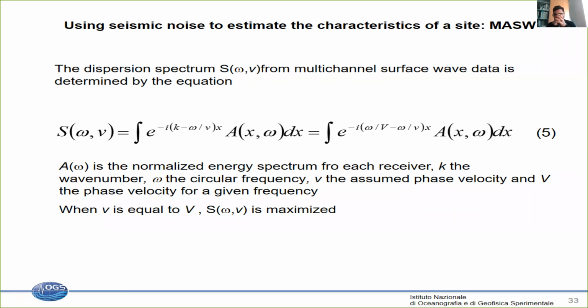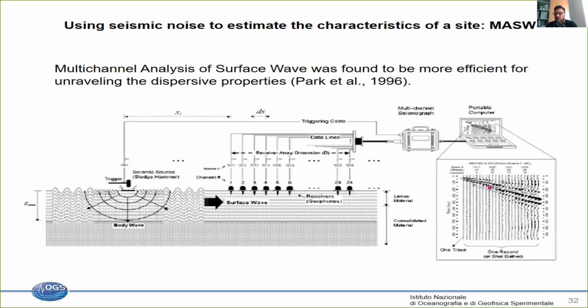So the trick in a sense is I have recordings like this. They arrive later and later with distance because, of course, the farther away my sensor is, the longer it will take for the waves to reach the sensor.